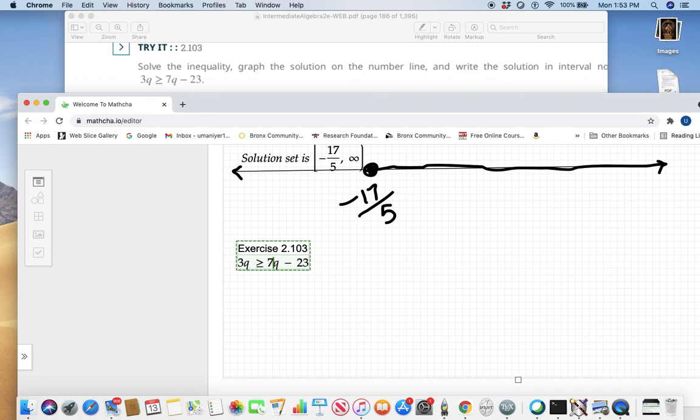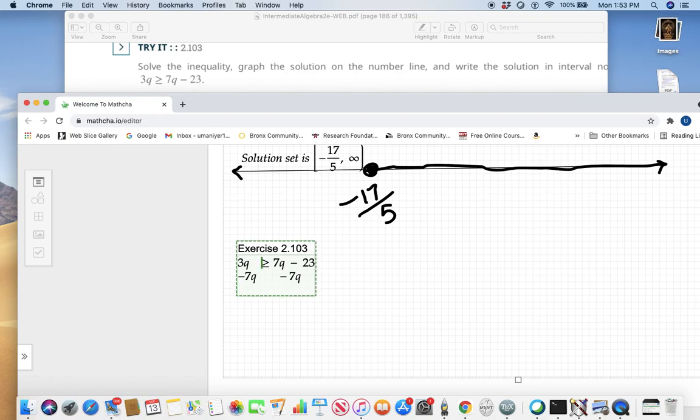All right. Again, so notice I have a variable here and a variable here. Bring them all together. So I'll take that 7q and subtract from both sides. So subtract 7q from both sides.